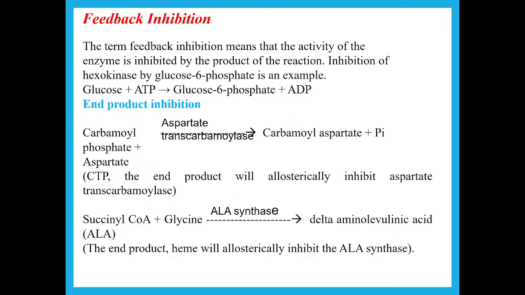CTP, the end product, will allosterically inhibit aspartate transcarbamylase. Once product formation is there, it does not require more substrate to react, so the feedback inhibition stops the reaction. One example is the glycolytic pathway and the other is CTP.